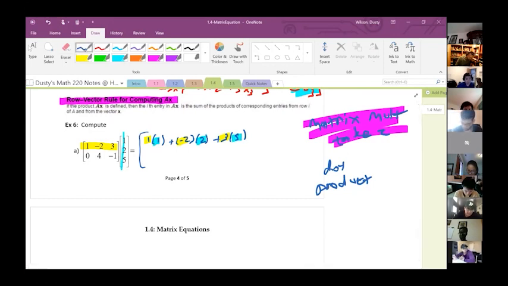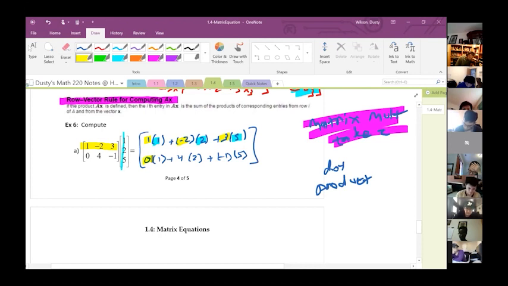And then we'll have 0 times 1 plus 4 times 2 plus -1 times 5. Again, row times column. And all this stuff is equal to 12, 3.